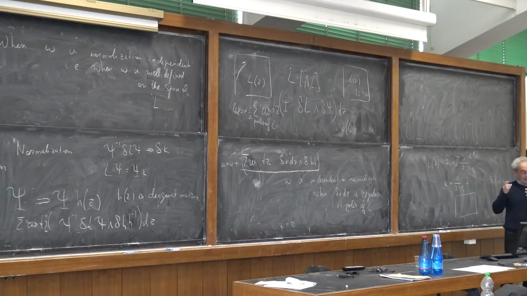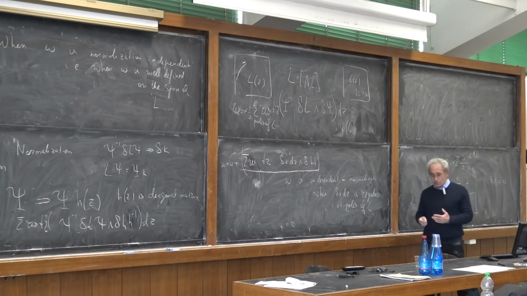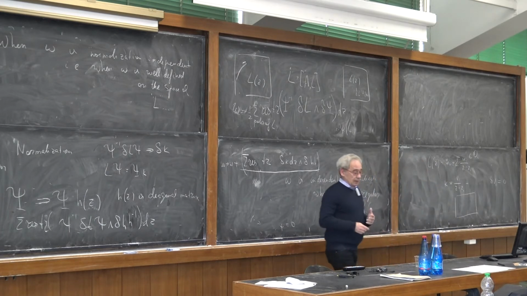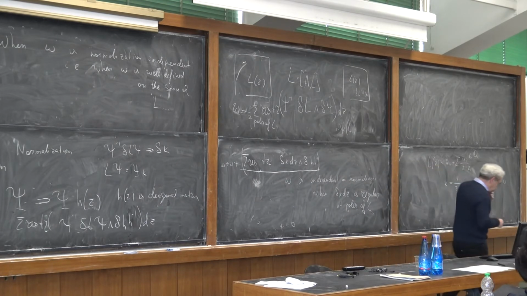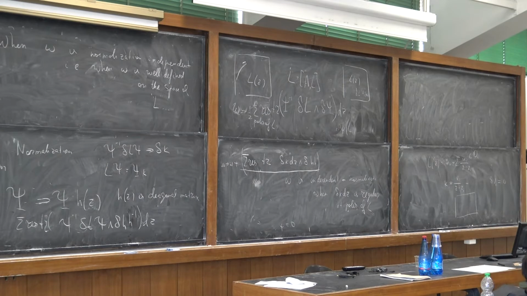But again, this condition, or the goal to define the form in an invariant way, describes symplectic leaves. They become well defined only after being restricted to certain subspaces of our space.